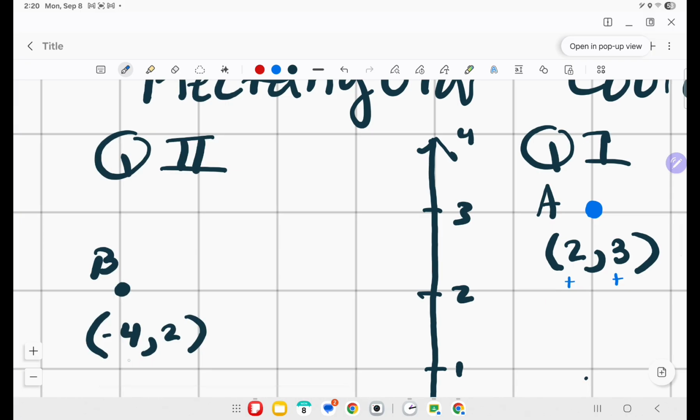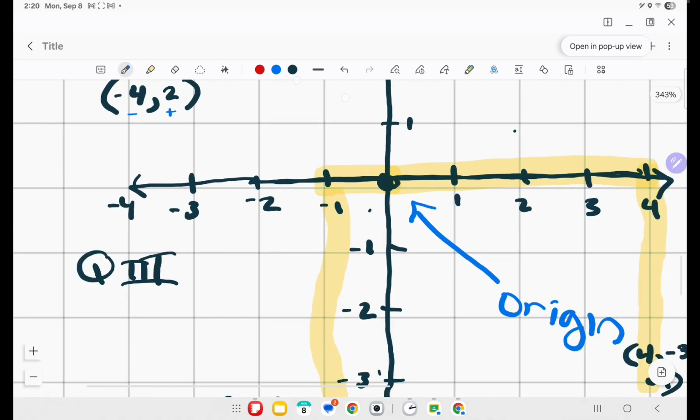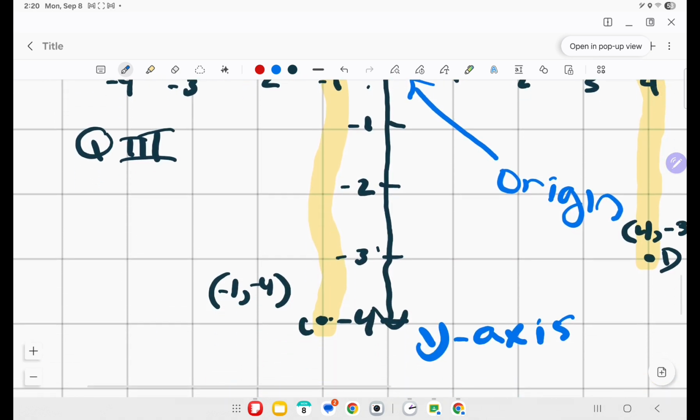If your x coordinate is negative, but your y coordinate is positive, you're now in quadrant 2. Just by looking at how the numbers run, I can tell what neighborhood you're in. If both coordinates are negative, you're in quadrant what now?